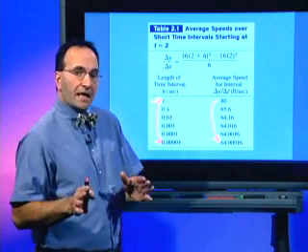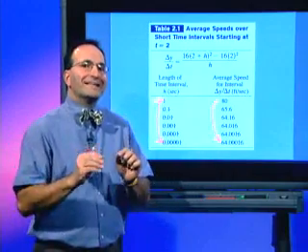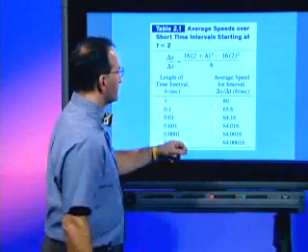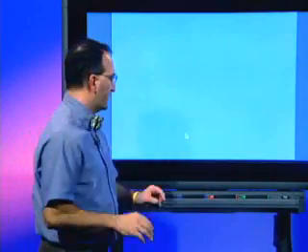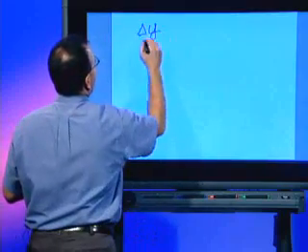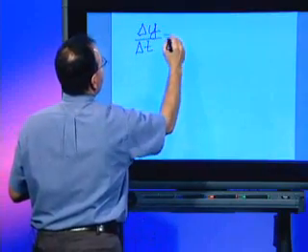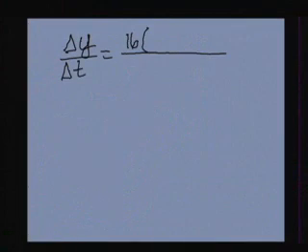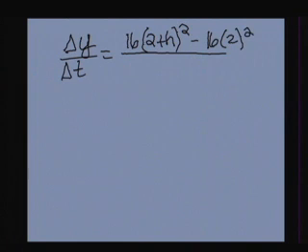So now what I'd like to do is look at this algebraically. So I want to take a look at that equation that I had before, which is delta y over delta t is equal to 16 times the quantity 2 plus h squared minus 16 times 2 squared over h.